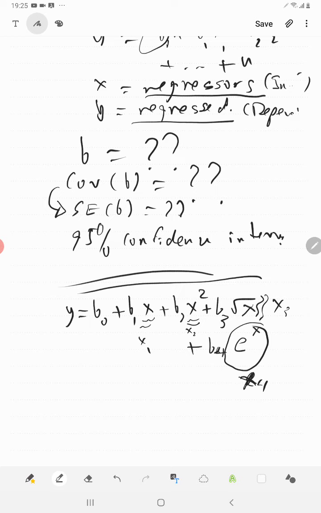And these are the standard errors of these b's, and these are the significance of them. If you reduce the error, you will get higher values here. If you increase the errors, you will get lower values. And this is a 5% error. This is the 95% confidence interval.